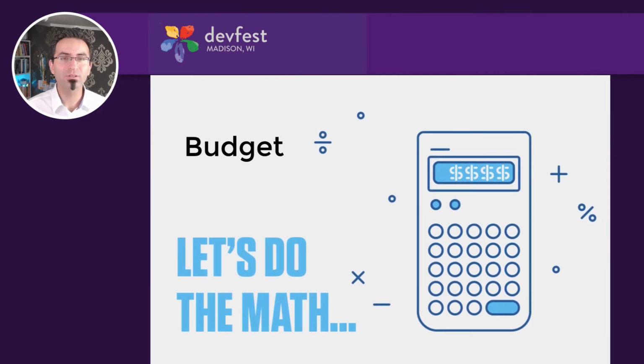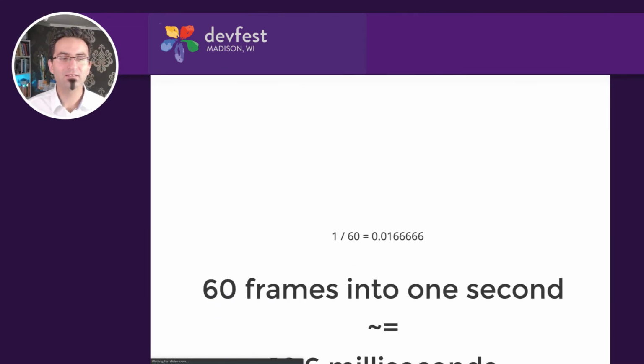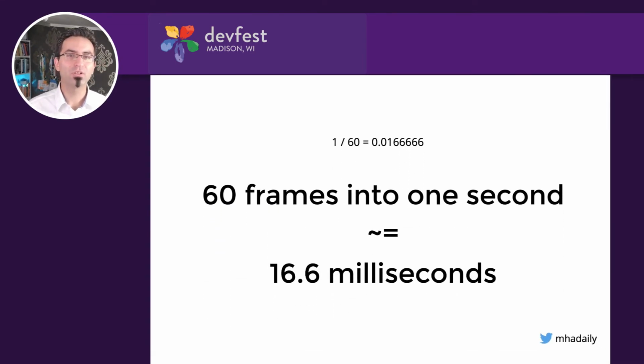Okay, of course, but let me do a calculation here, do a math. Imagine that you want to run 60 frames in 1 second, and that means the budget that you have is almost 16.6 milliseconds, right?